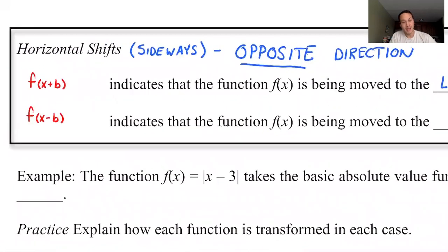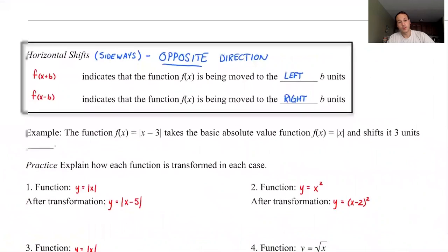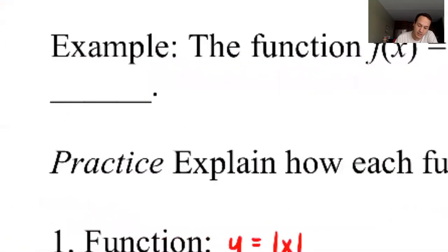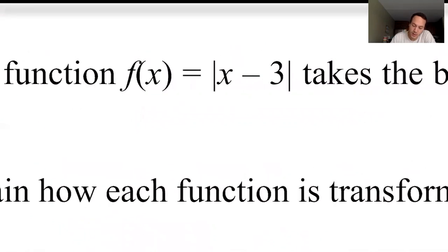And f of x minus b is going to move to the right. So these ones are different. These ones don't follow those same rules. If I had the absolute value of x and I make it the absolute value of x minus 3 all on the inside, this takes that function and shifts it 3 units to the right. So just keep that in mind. It is the opposite, okay? This one here goes in the opposite direction, okay?